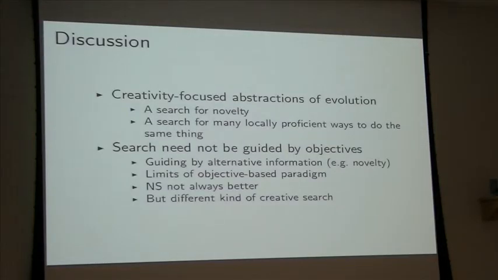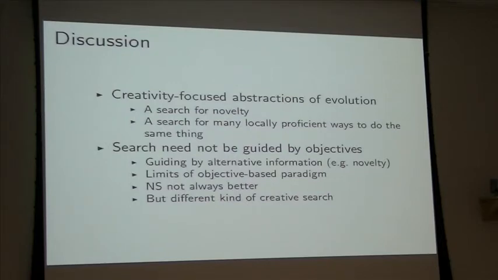So I hope I've convinced you that there are some interesting properties of different abstractions of evolution that are more focused on pure creativity, or creativity with a slight drive towards achievement. You can abstract evolution as a pure search for novelty, or as a search for many locally proficient ways to do the same thing, and get some interesting results.